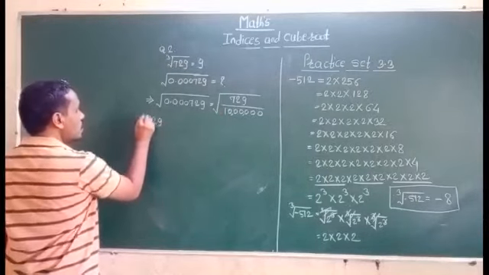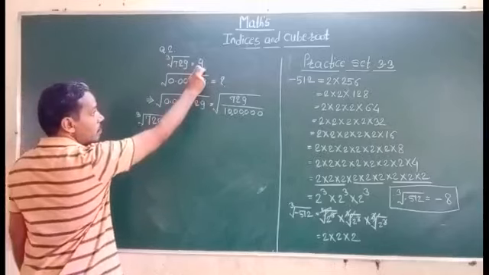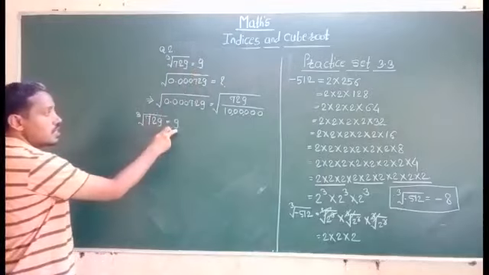So the cube root of 729 is 9. We know that the cube root of 729 is 9.